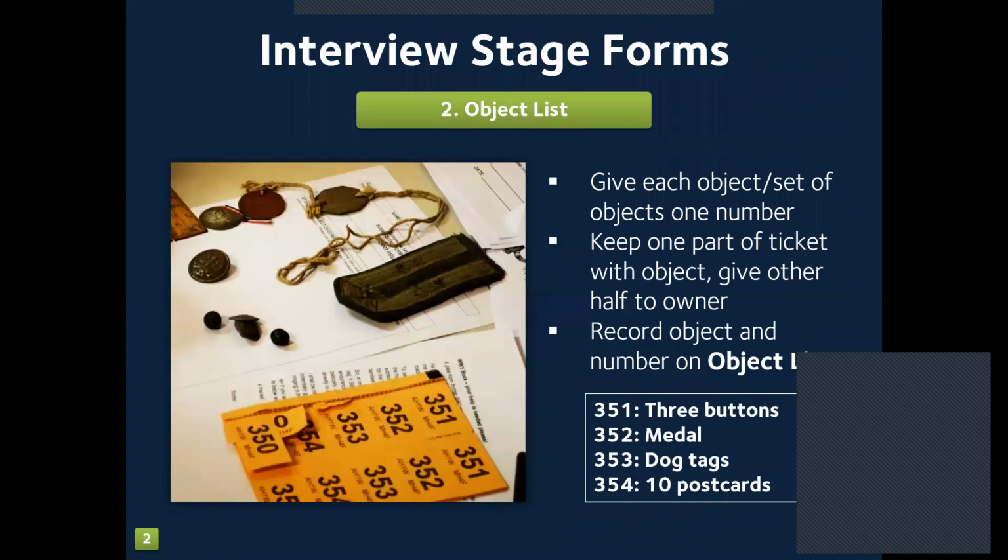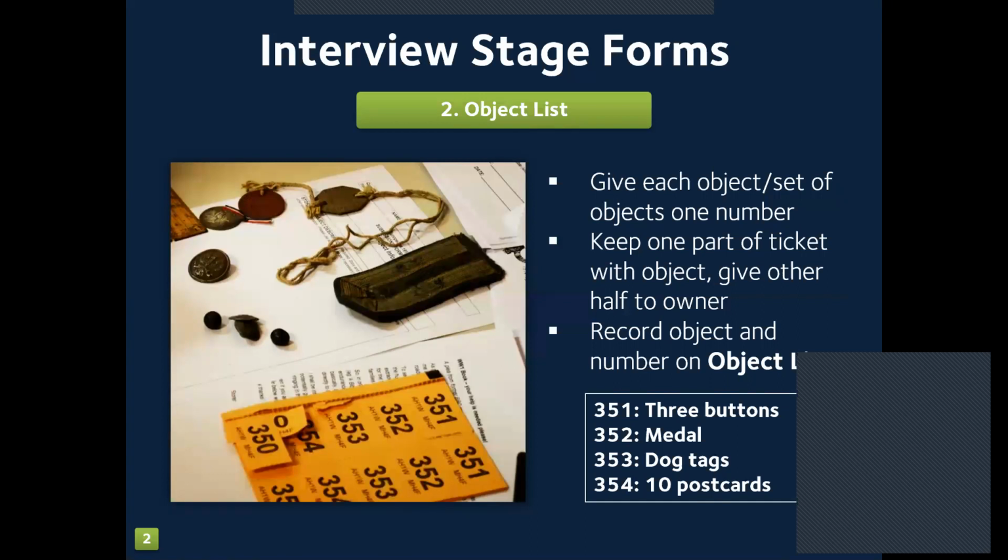The way in which we've worked out to do this is by using raffle tickets. This makes it much easier for us to keep track of the object and to also associate that object with a particular story. And as I said, this is going to be really important when you come to digitizing and uploading the stories at a later time. It's also important when a visitor comes to collect their objects after they've been digitized.